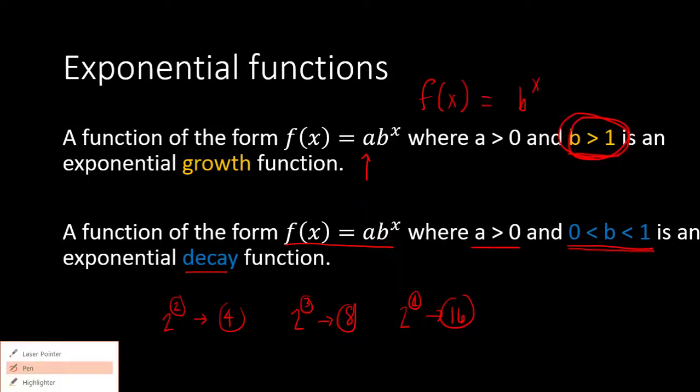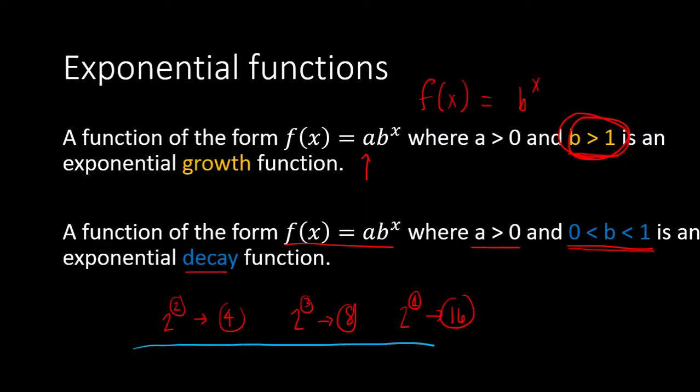However, if we look at numbers where the base is between 0 and 1, take for example 1/2. If I square 1/2, I get 1/4. If I cube 1/2, I get 1/8.